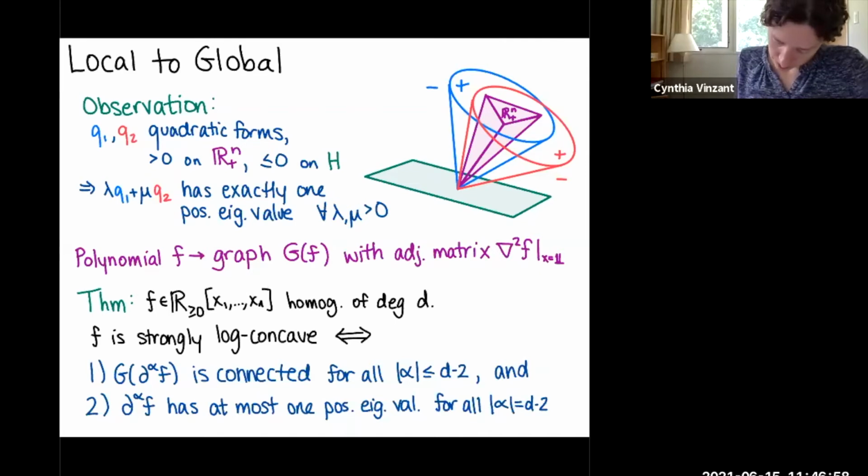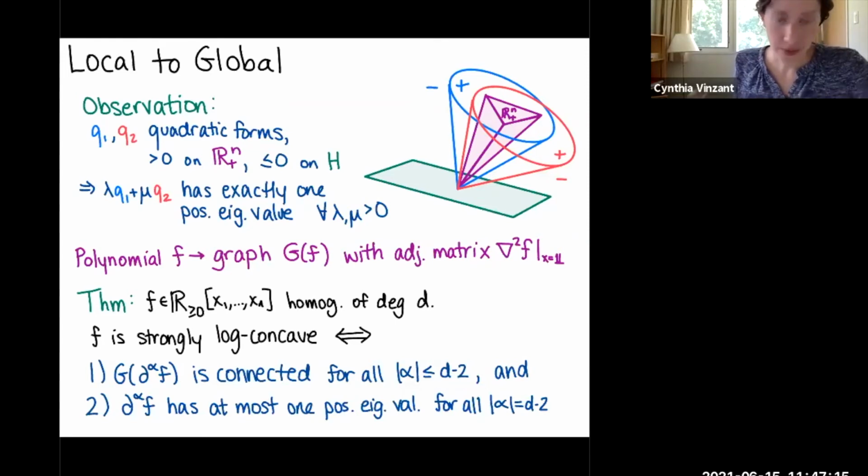A polynomial is strongly log-concave if and only if the graphs associated with various derivatives of the polynomial are connected whenever they have a chance to be connected.